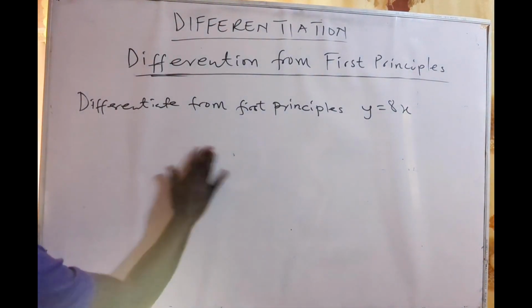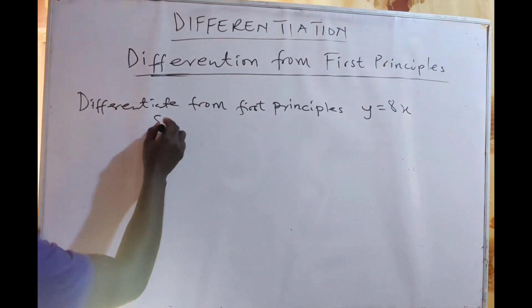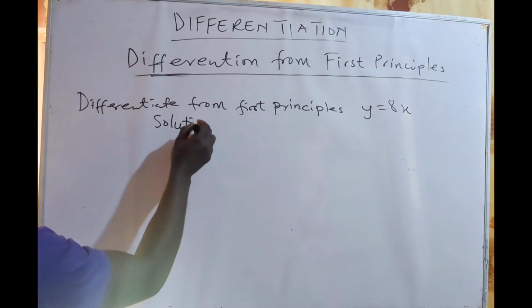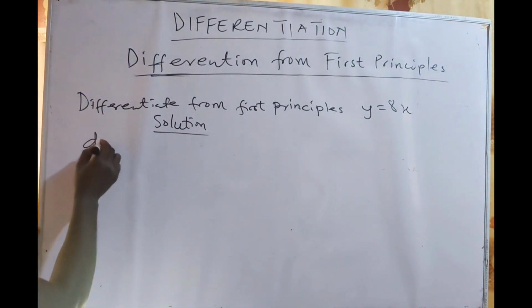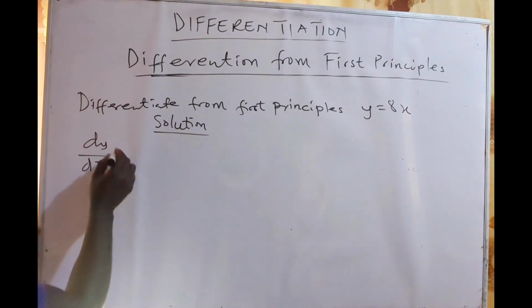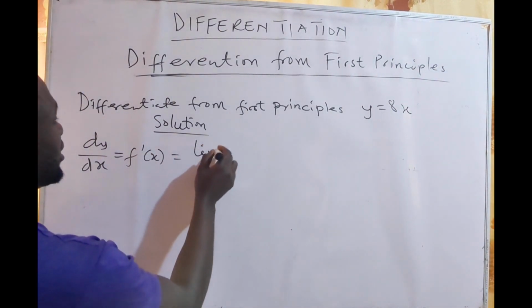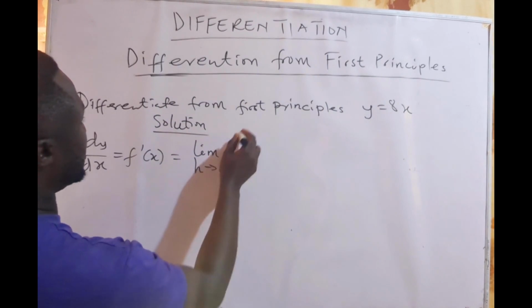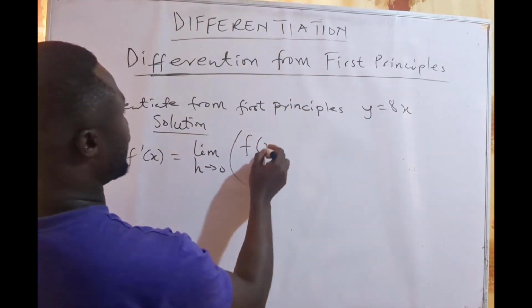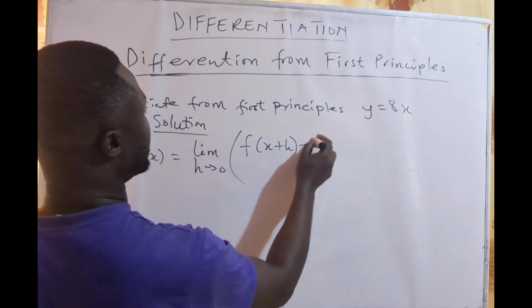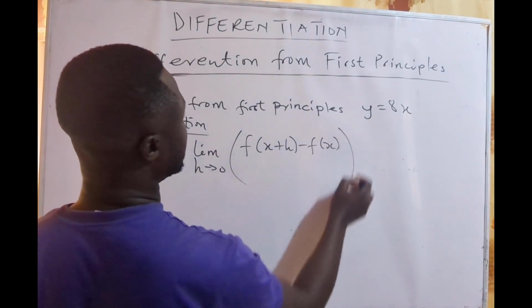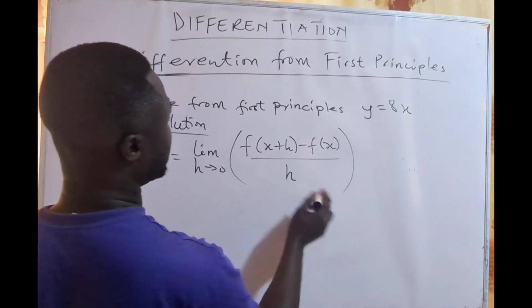From the first principle, we know that our solution, dy over dx, which is the same as f prime of x, can be the limit as h approaches 0, f of x plus h minus f of x, all divided by h.